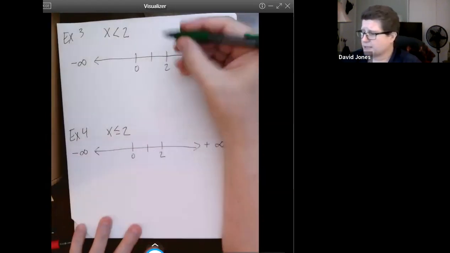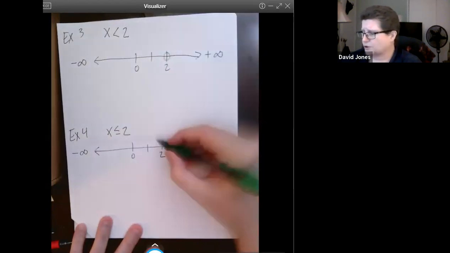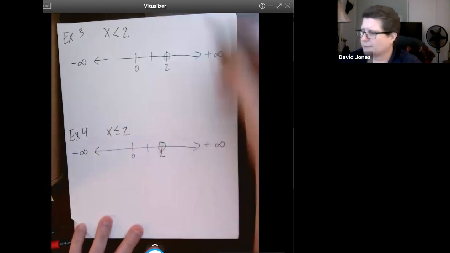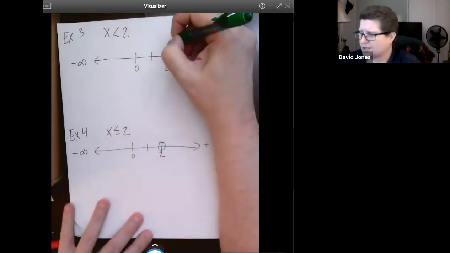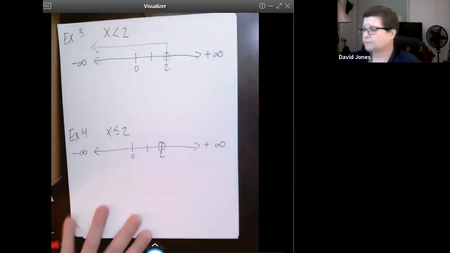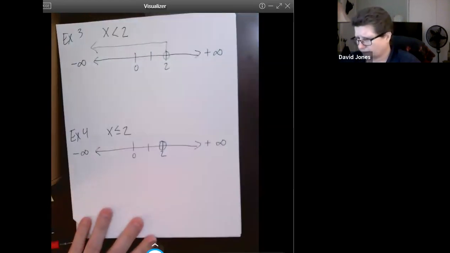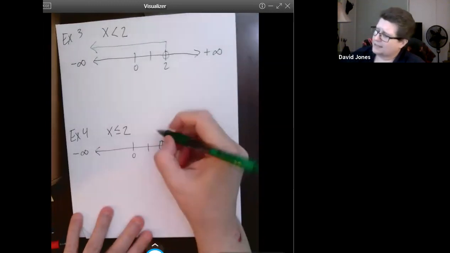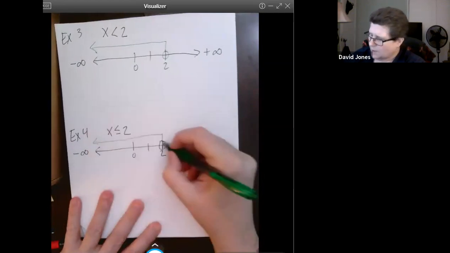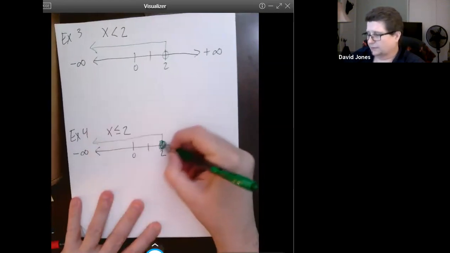In both circumstances, I have 2, so I'm going to put a circle on the 2. For x is less than 2, I'm going to leave it hollow and shade to the left or do the arrow pointing to the left. And for x is less than or equal to 2, I did the same thing, but I fill in the 2.